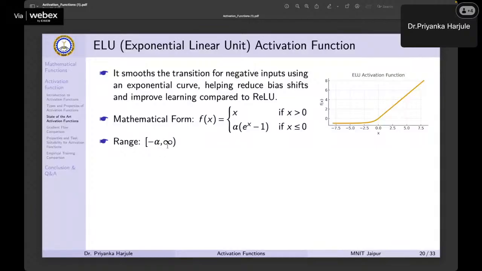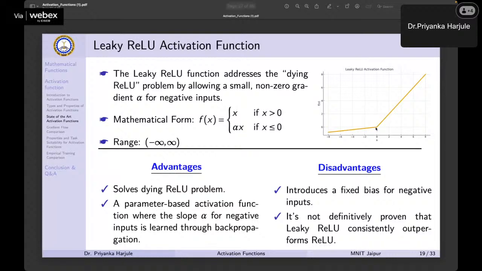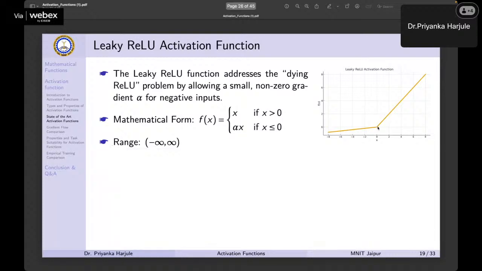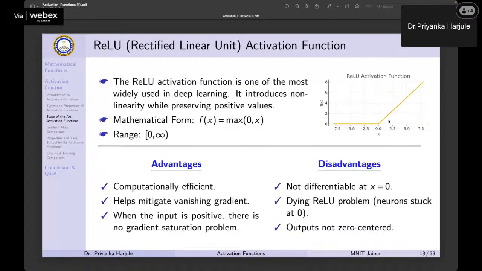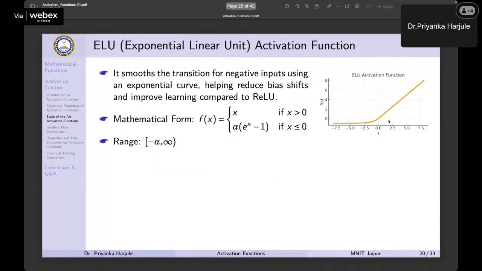Okay, so this makes the negative side curve gently, unlike the ReLU and the leaky ReLU. In the leaky ReLU there was this sharpness, and in the ReLU there was again this sharpness without the slope.